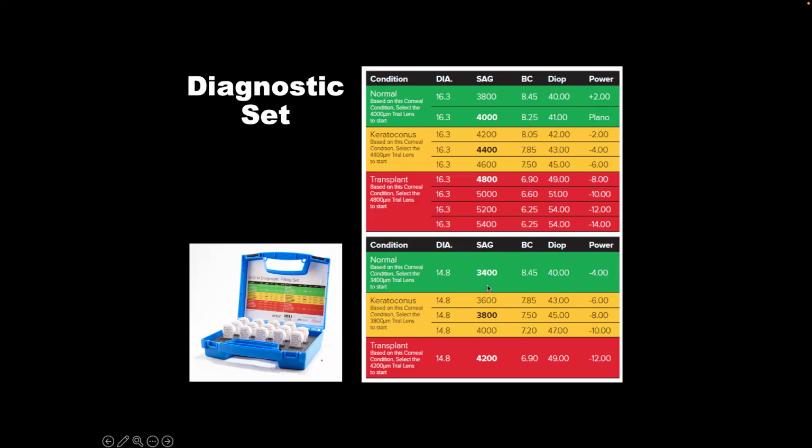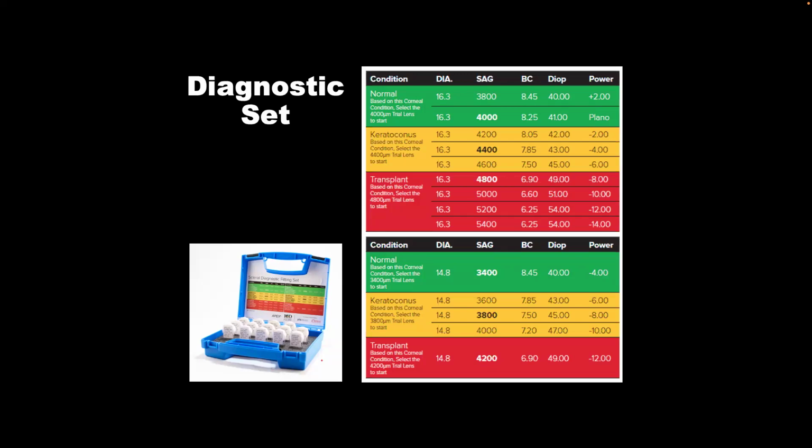With the 14.8, this is really great because we have a 3,400 sag value to a 42. So we have a wide range of lenses that we can fit on those extremely tough eyes. It doesn't matter if we have a post-LASIK eye, we can order that lens and make kind of a reverse geometry lens, and we'll discuss that a little later on.